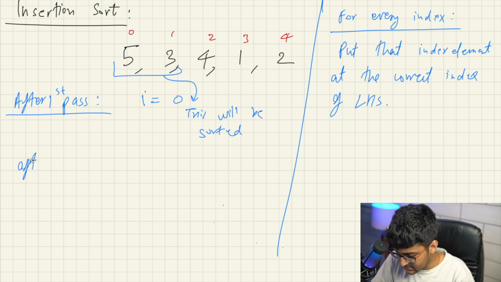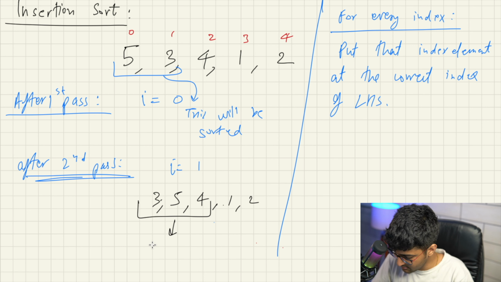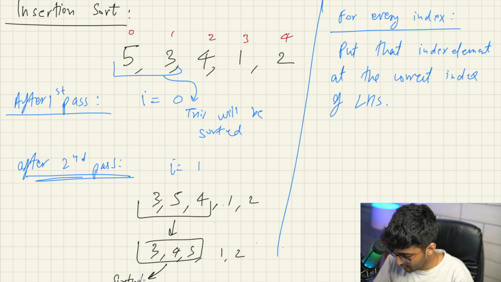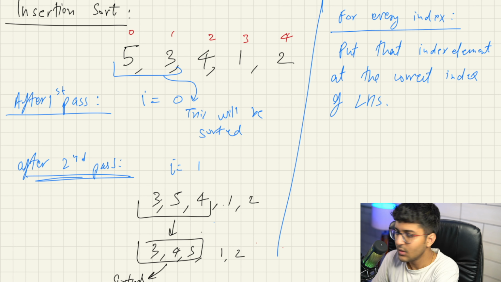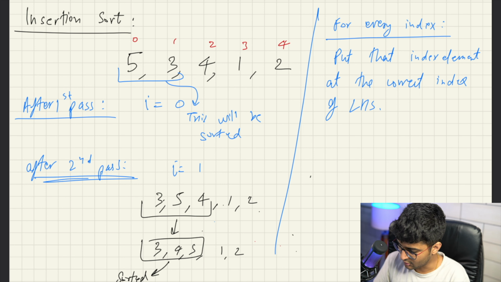After the second pass, which means i is equal to 1, this will be sorted. First this is sorted, now 4, 1, 2, this thing will be sorted. So it will become 3, 4, 5 sorted, then 1, 2. After every pass, you can see the array is getting sorted.